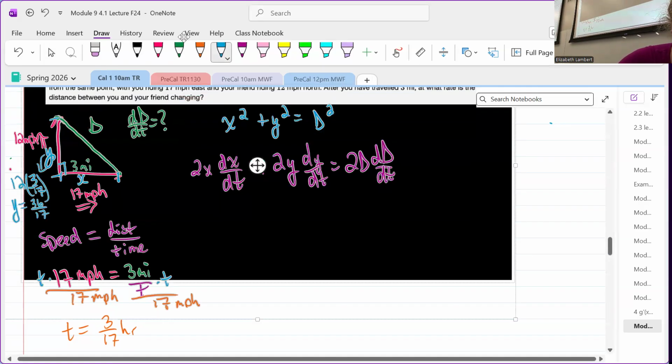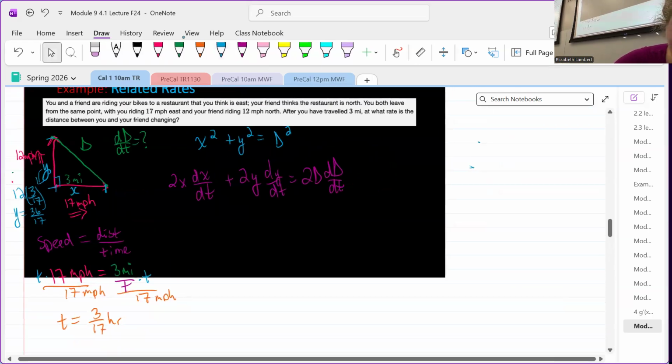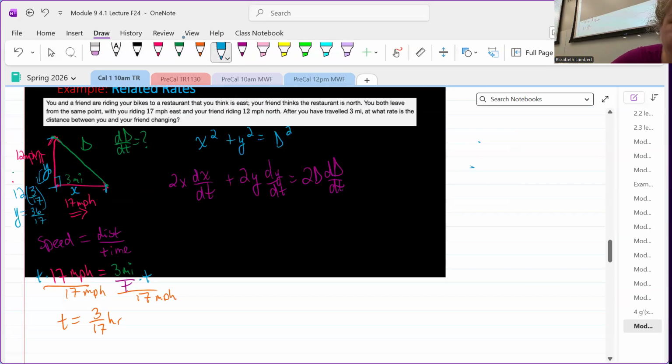And now that I know x and y, I've got to figure out what my distance is in my snapshot as well. So I've got 3 squared plus (36/17) squared equals d squared.